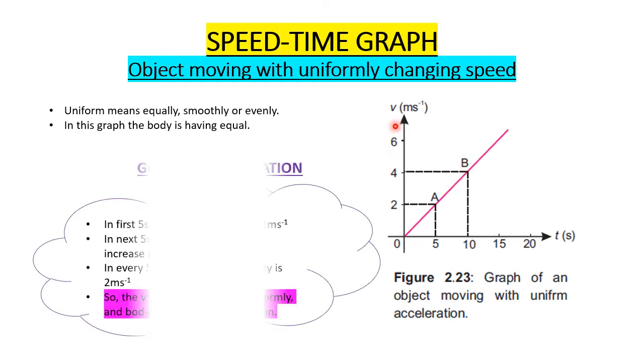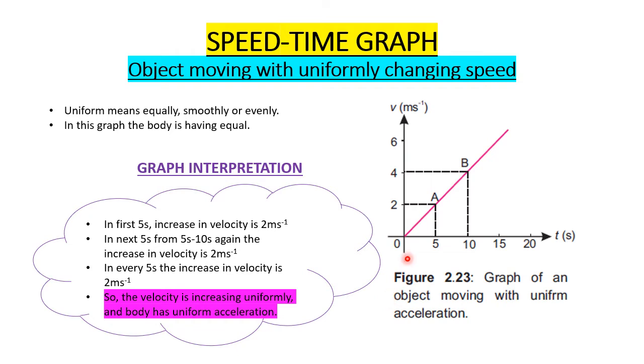The graph interpretation of this graph is, if you observe the motion of the body in the first 5 seconds, the increase in velocity is 2 meters per second. In the next 5 seconds it is again 2 meters per second: 4 minus 2 is 2 meters per second.